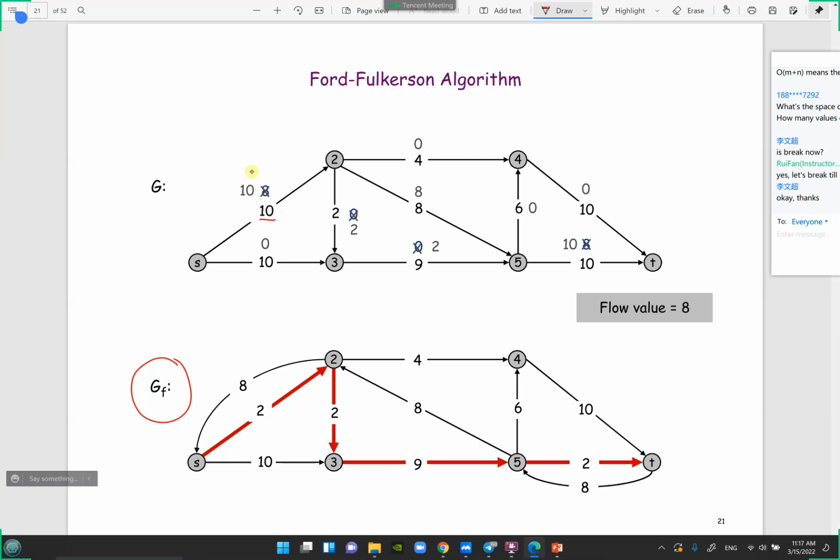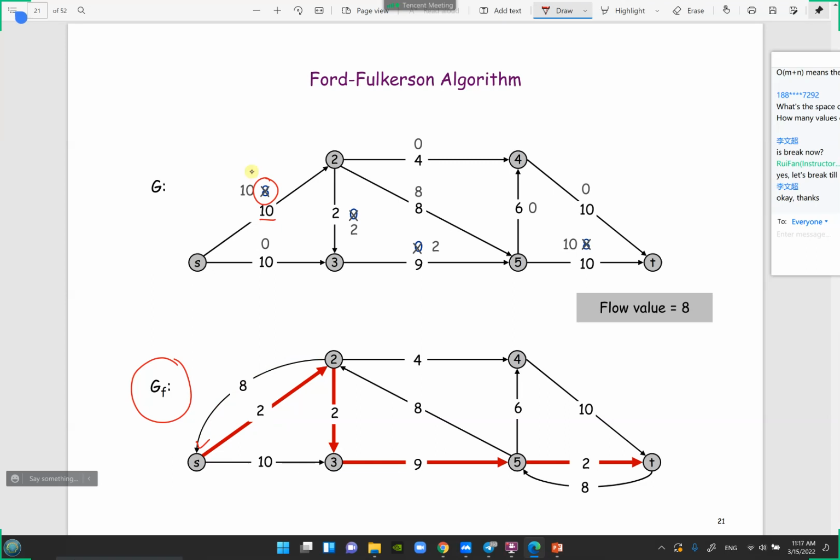Because we're sending 8 units of flow along this path, the residual capacity on this edge is going to be 2, since 10 minus 8 is 2. Furthermore, we have this reverse edge, which has a capacity of 8, because our current flow is 8, so at most we can send 8 units of flow back from node 2 to S. That's how you build these two residual edges.